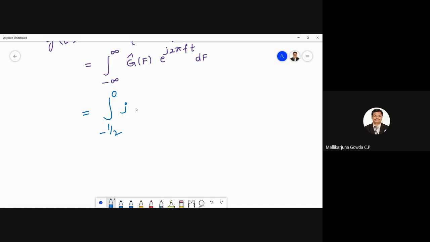So j into the remaining thing, that is e power j 2 pi f t into df, I can write. Then from 0 to 1 by 2, the value of g cap of f is minus j. So minus j into e power j 2 pi f t into df, okay?